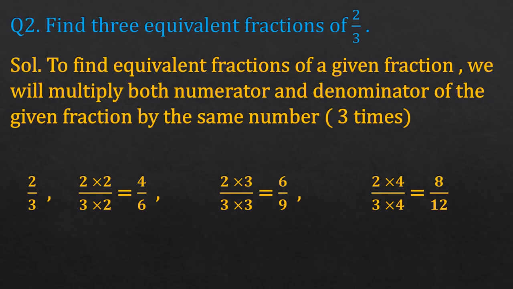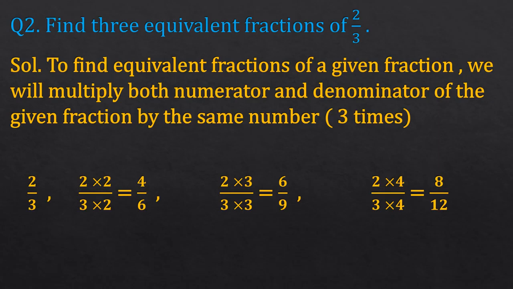Now see, the original fraction we have is 2 upon 3. Once, I multiply both numerator and denominator by 2. So 2 multiplied by 2 is 4 and 3 multiplied by 2 is 6. So our new fraction is 4 upon 6. So we can say that 2 upon 3 is equivalent to 4 upon 6.